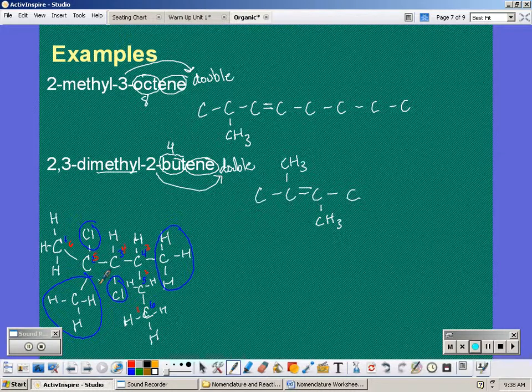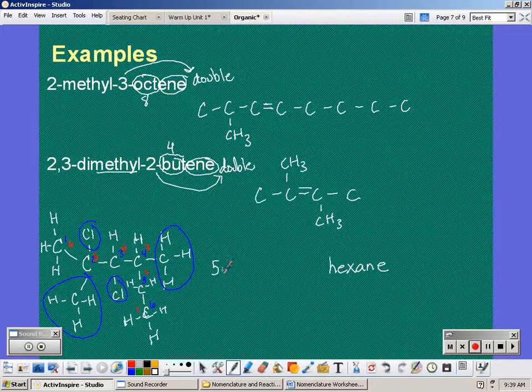Alright, so we have 6 carbon chain, so that's hex. They're all single bonds, so A and E. Then we want to look at our lowest number, we want to put our side groups in alphabetically. So we have chlorine and methyls, so chlorine would come first. So we have a chlorine on the 5 and on the 4.